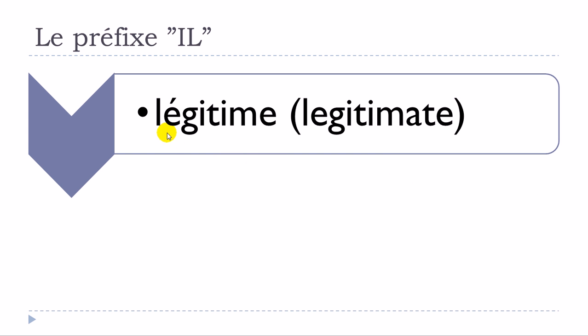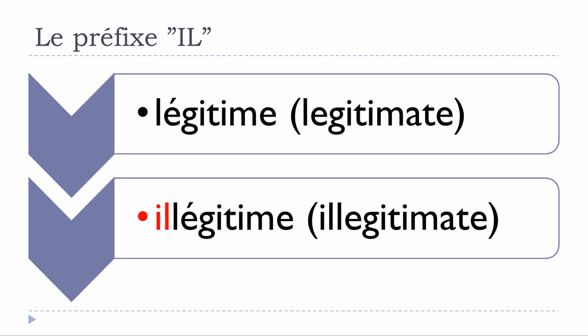If you want to express the without concept, then you will add this prefix il at the beginning, and then you continue with your original word légitime, and now you get illégitime. Okay, illégitime, légitime, illégitime.